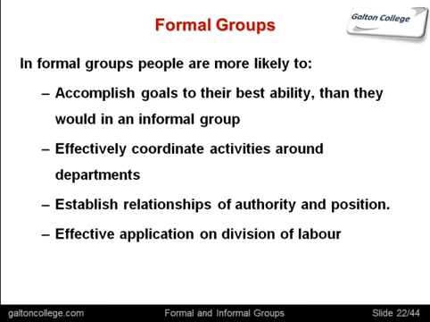And the formal group can apply the division of labour. You can look at the members of the group and see who have got specific skills in certain areas and assign those people to those areas. So specialisms are accommodated. The people within the group have got specific tasks that match their specific abilities.